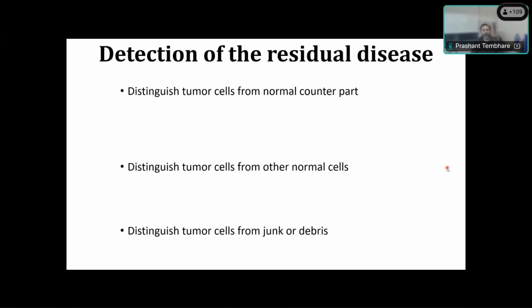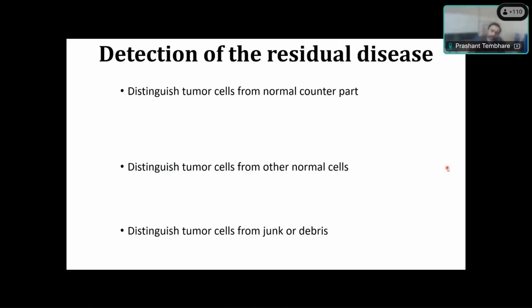Now, detection of residual disease by flow cytometry involves three basic principles. One is to distinguish the tumor cells from the normal counterpart. Second is to distinguish the tumor cells from the other normal cells present in the sample. And third, to distinguish the tumor cells from the junk or debris.